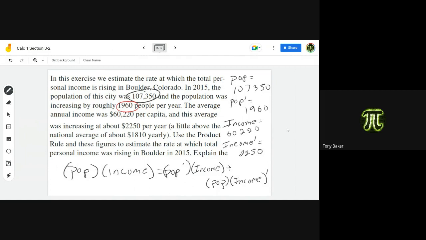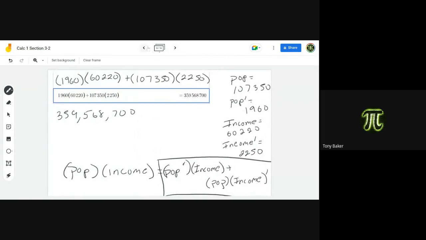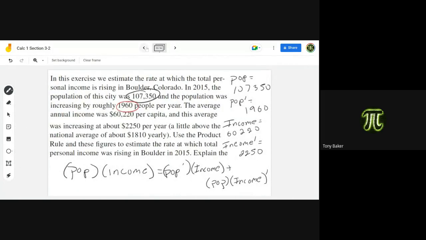So it's almost what? Almost $360 million. Yeah, just about $360 million. Who would care? Yeah, the town would care, right?